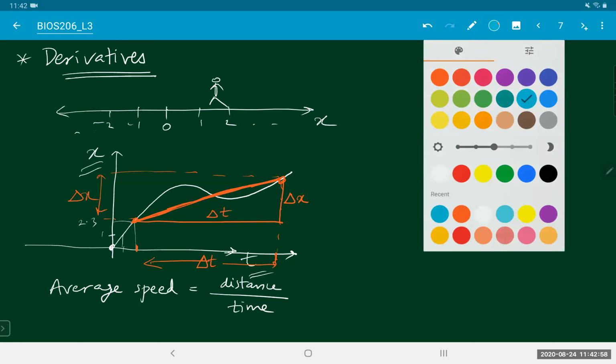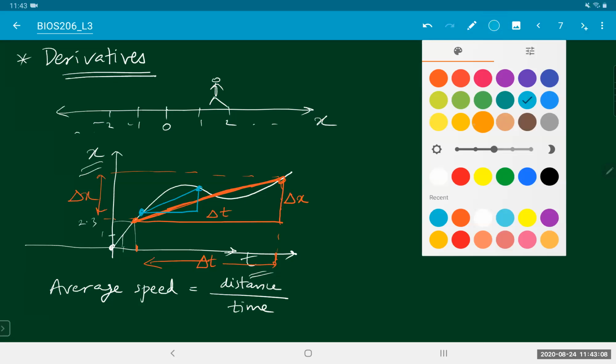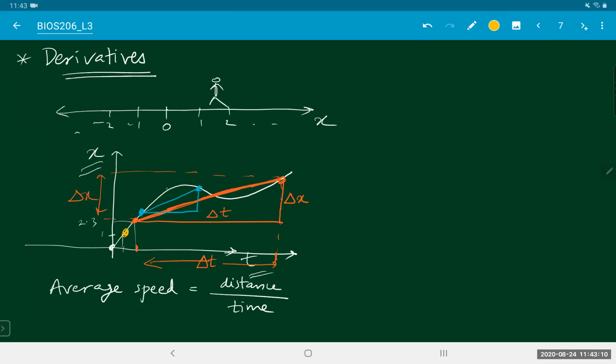Suppose I had taken this point and this point instead, then this has a different slope. If I had chosen this point and this point, then I would get a different slope. So the average speed is going to change depending on what interval delta x and delta t I choose.